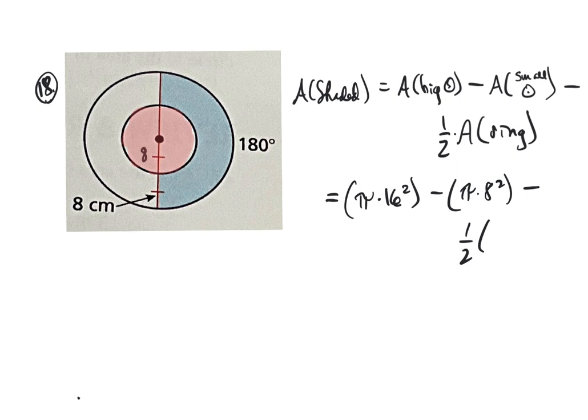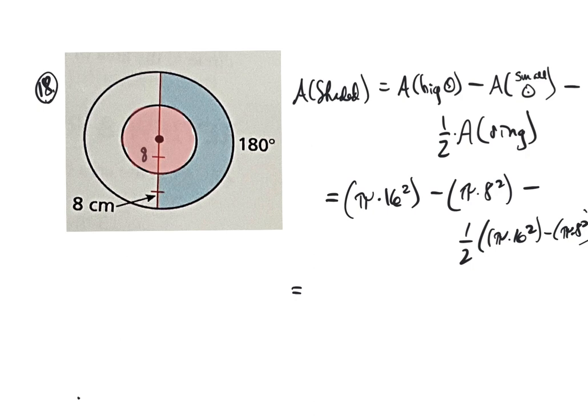Right now we have all of that, so I guess maybe I could do it like the following. I'd have to take away half of what we've already done. So this would be half of pi times 16 squared minus pi times 8 squared. Yeah, that would be half, so that'll work out just fine.